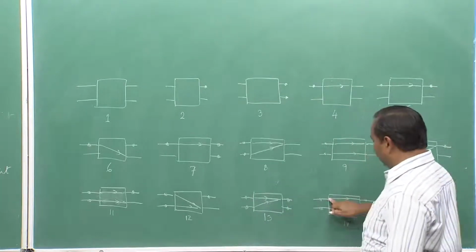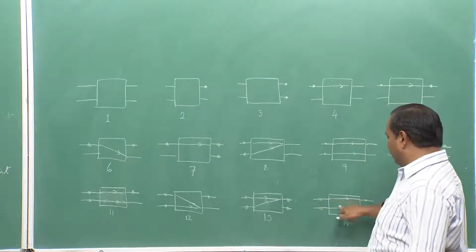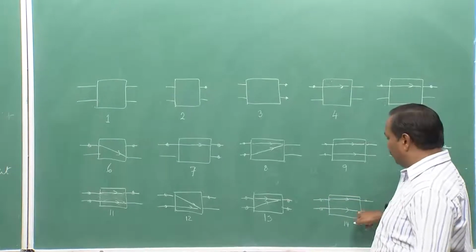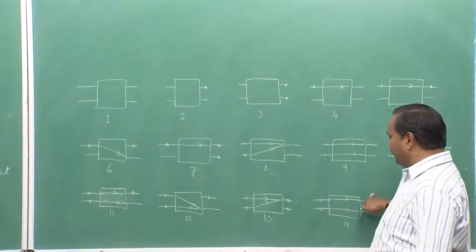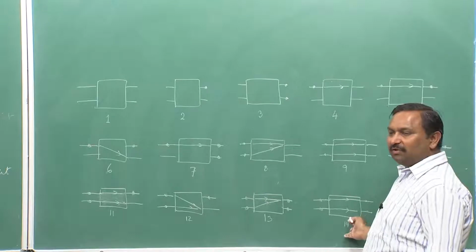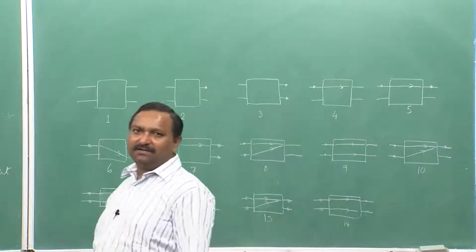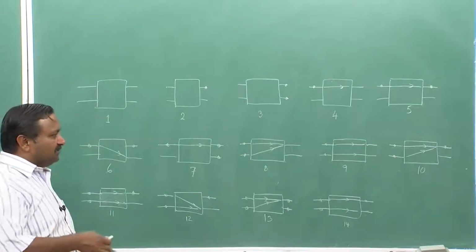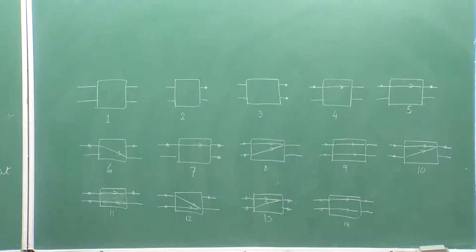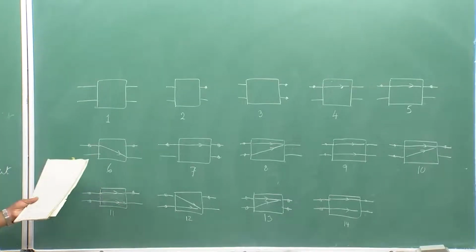Even if this is crossed, so the top input is trying to go to the bottom output and the bottom one trying to go to the top one, it is the same as the state which is already shown. There are only 14 possible states which are distinct. All other possible states for a 2 by 2 switch can be represented by these equivalently. So, these are the non-equivalent states which are possible.